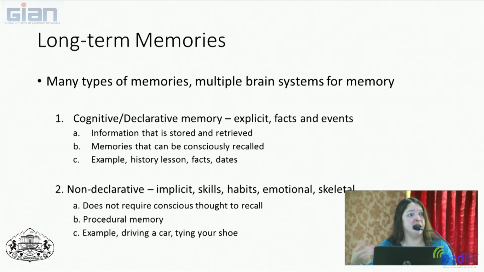If you're good at playing a musical instrument, you might have a good memory of the notes you need to play when you're playing a particular piece that you like. It doesn't require conscious thought to recall. It's more of a procedural memory, for example, driving a car or tying your shoe. You can just get in there. You don't have to sit and think, okay, I need to recall these memories to be able to do this. They just seem to be there, and those are the non-declarative types.